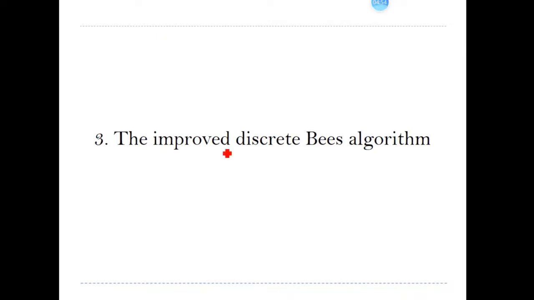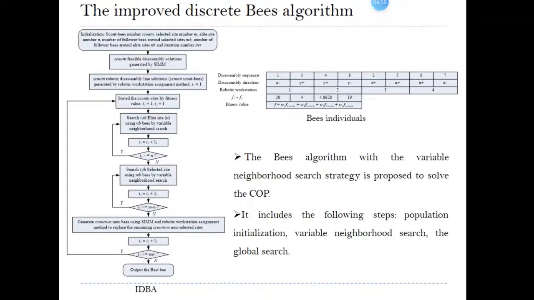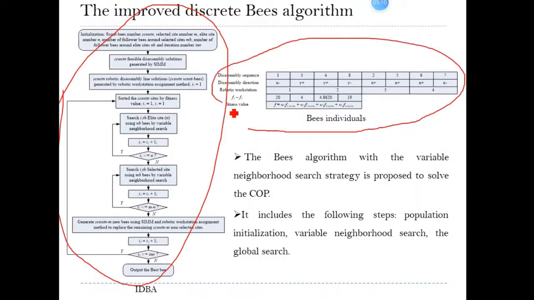And the third one is the IDBA, the improved discrete bees algorithm. On the left side of this slide, we can see the workflow of the IDBA. And the upper right corner shows the bee individuals. In these individuals, we have 4 objectives, and we use these equations to calculate the fitness value for each bee. The bees algorithm with the variable neighborhood search strategy is proposed to solve the COP.